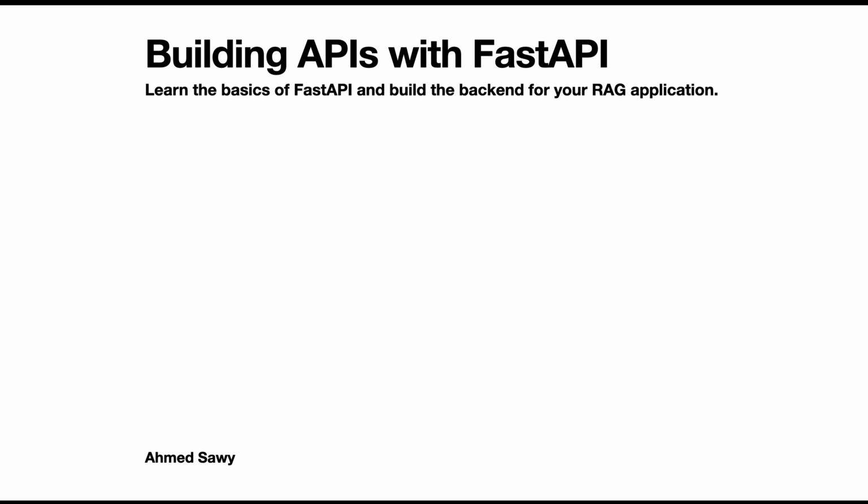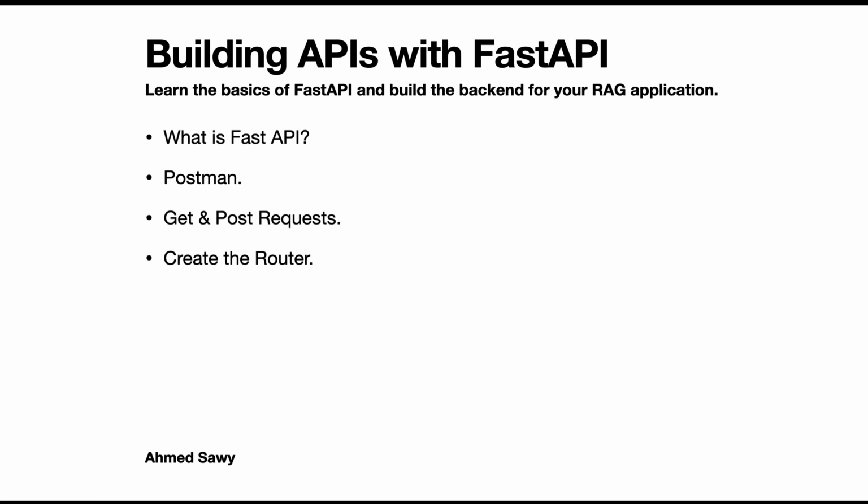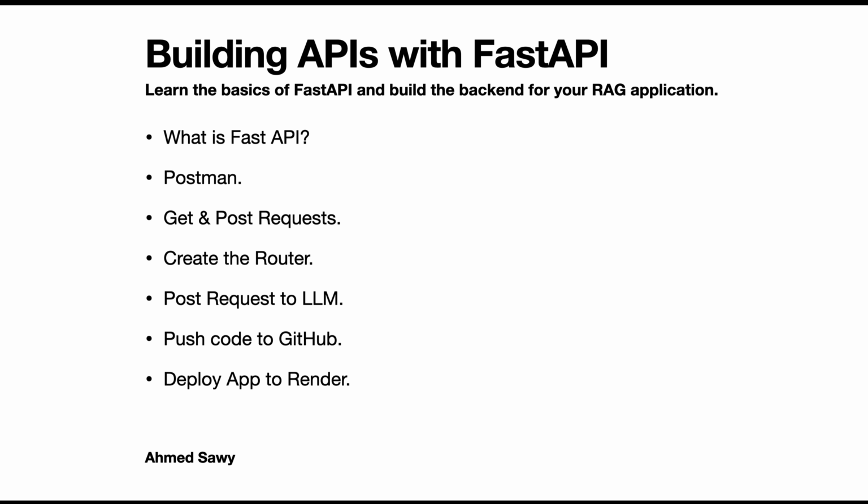So we're going to cover what FastAPI is, Postman and how to send GET and POST requests using Postman, how to create the router, how to post a request and send a question to the LLM, how to push the code to GitHub, and deploy your app to Render to make it global. And finally, we're going to cover Gradio and create a website that answers questions using Gradio. By the end of this section, you will build a FastAPI backend that exposes your RAG application through a REST API.